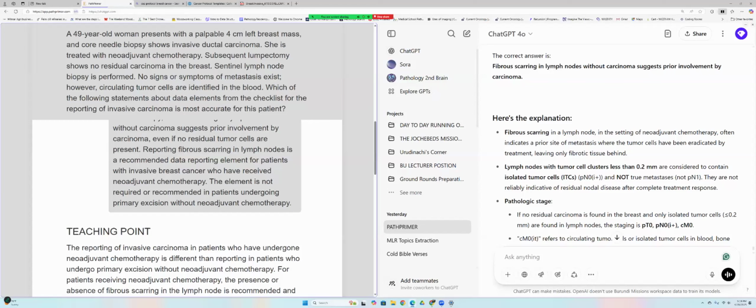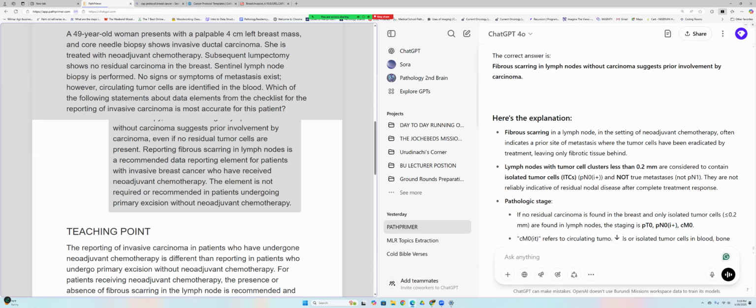Lymph nodes with tumor clusters less than 0.2 millimeters are considered to contain isolated tumor cells, pN0(i+), and not true metastasis. So you cannot call them pN1.